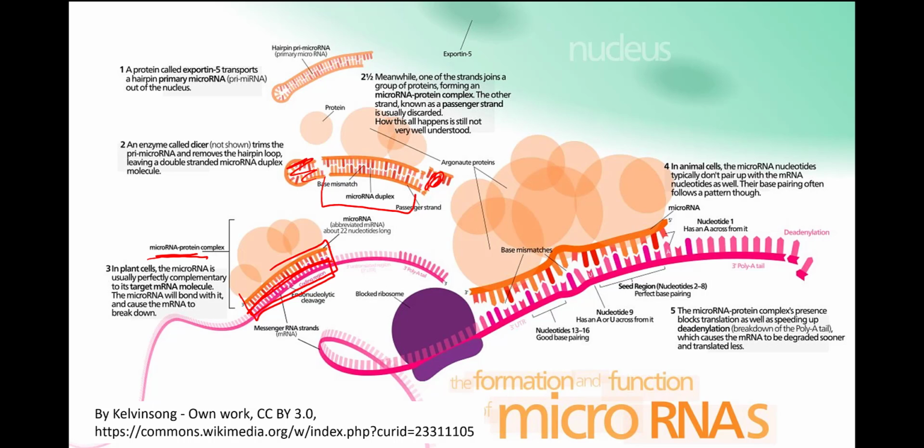The same type of thing happens in animals. It's usually not a perfect match, but when the microRNA binds to that coding sequence, it stalls the ribosome, triggers deadenylation of the 3' poly A tail. Ultimately, that leads to degradation of the mRNA. So in both cases, it's a truly effective way of silencing genes.